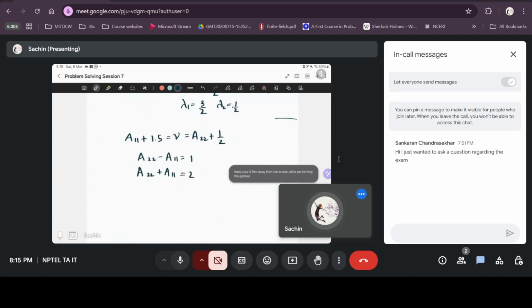Then what you get is A22. You add these two equations, you get 2 A22 is 3, or A22 is 1.5. And you subtract the two equations, then you get 2 A11 is 1, A11 is 0.5.